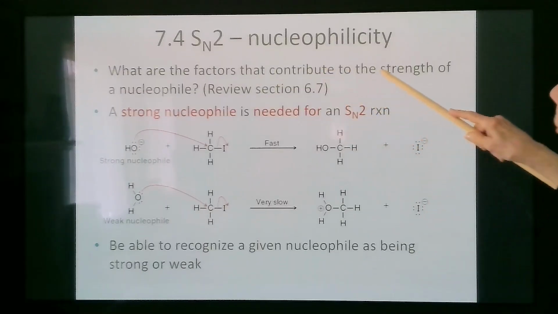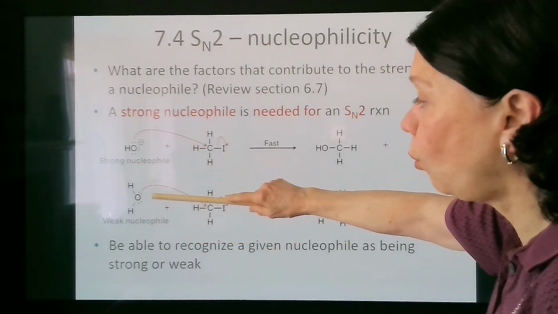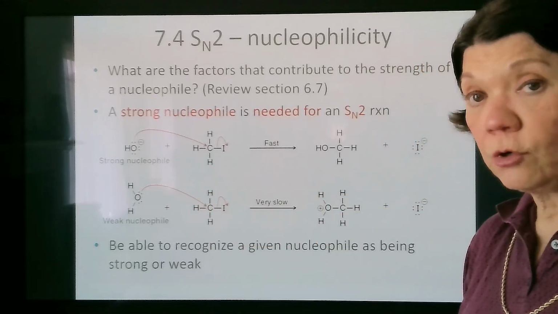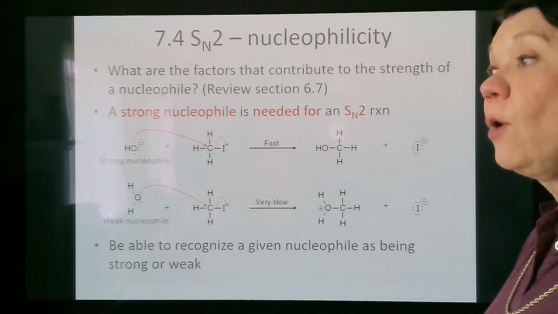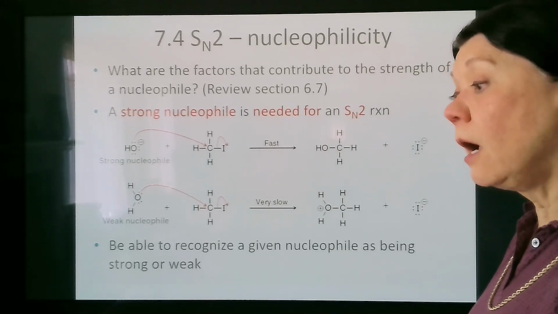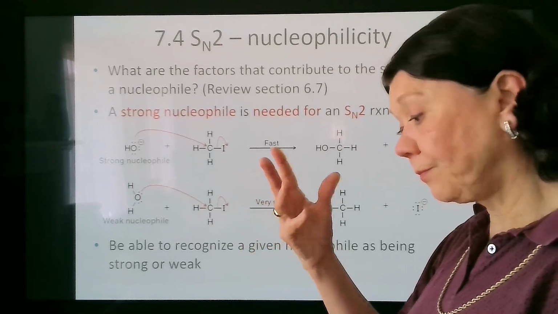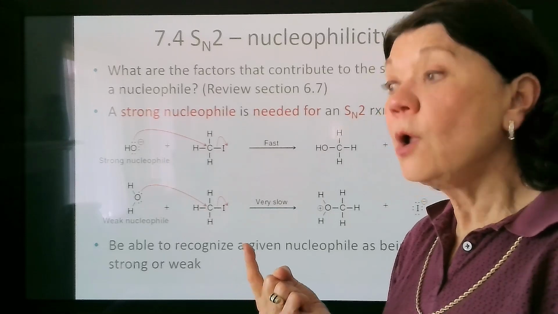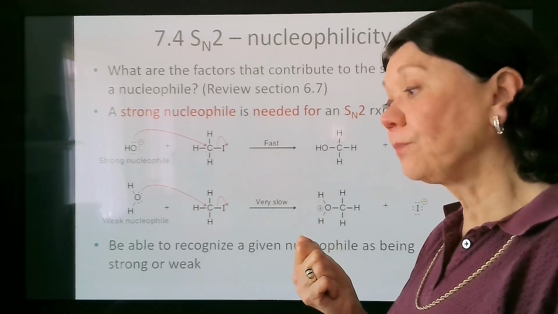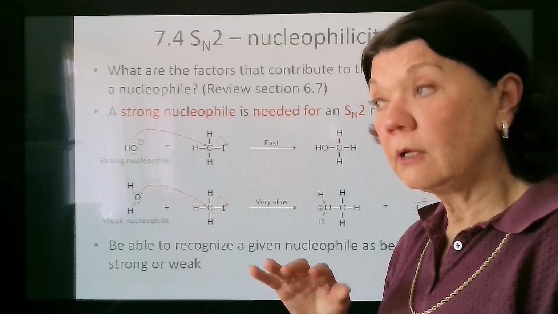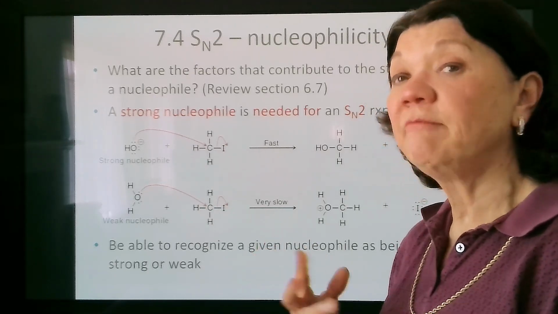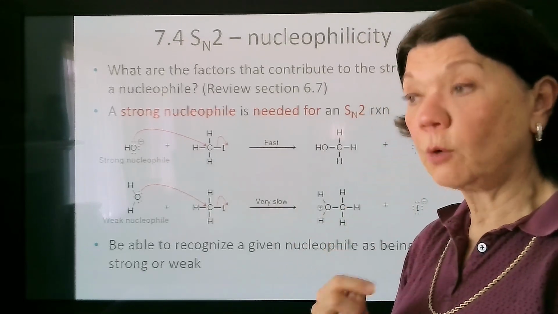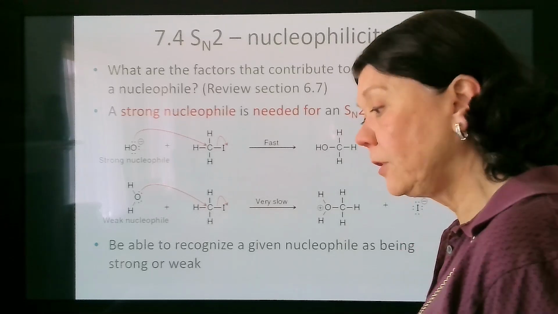The factors that contribute to the strength of a nucleophile. This is one example. If you have a neutral molecule, it's going to be a weaker nucleophile. And then you have all of the REO factors that you need to review, and then you're going to have steric hindrance, which is more significant than the REO factors, and then you're going to have polarizability, which is more significant than the REO factors also, but you'll need to know all of those.